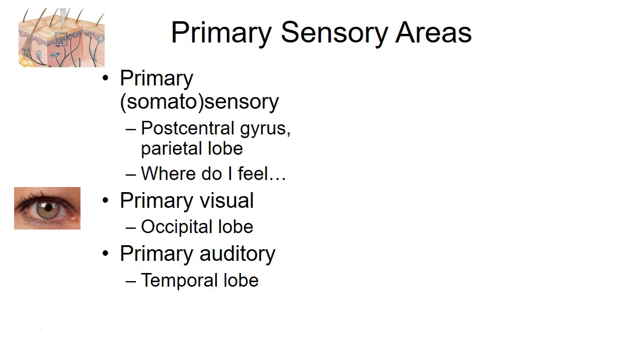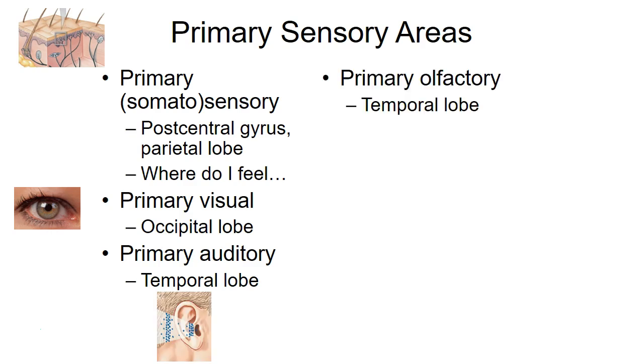Other specialized senses we also have primary and association areas for include hearing. We have a primary auditory area that's located in the temporal lobe, right? There's also a primary olfactory area also located in the temporal lobe.